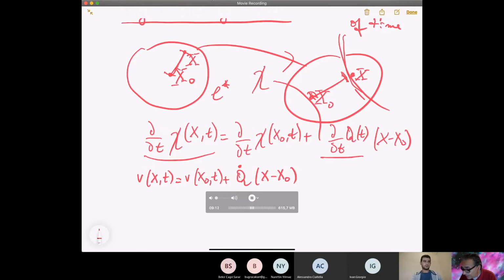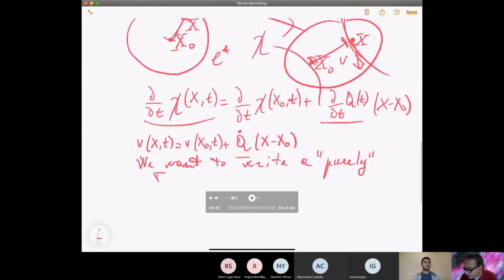But this is the map which to every particle x associates the velocity of that particle x. Now, what we want to write is a purely Eulerian formula.